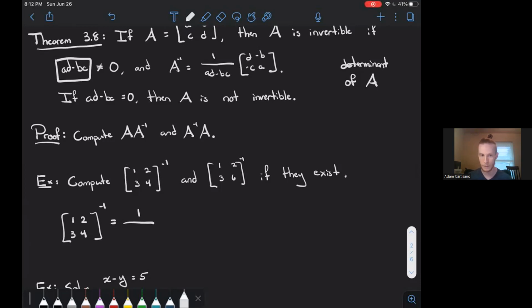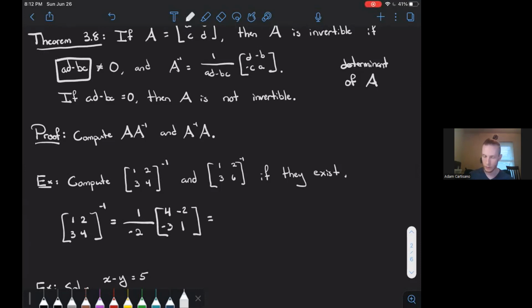1 times 4 is 4. 3 times 2 is 6. 4 minus 6 is negative 2. So 1 over negative 2 times, and then what do we do to the matrix? Well, we switch the 4 and the 1, and you switch the signs of the 2 and the 3. So negative 2 and negative 3. We keep them in place.